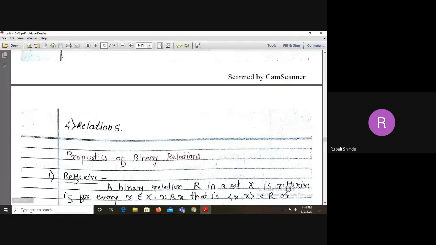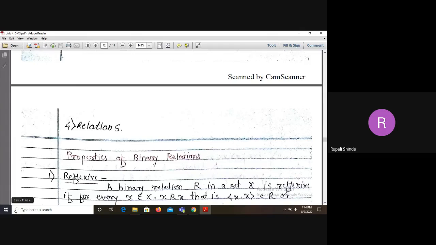Okay, now the next point is very important, that is the properties of binary relations. Definitely you will get a question of 4 to 8 marks from this point. We have earlier discussed that there are a total of 5 properties of binary relations.